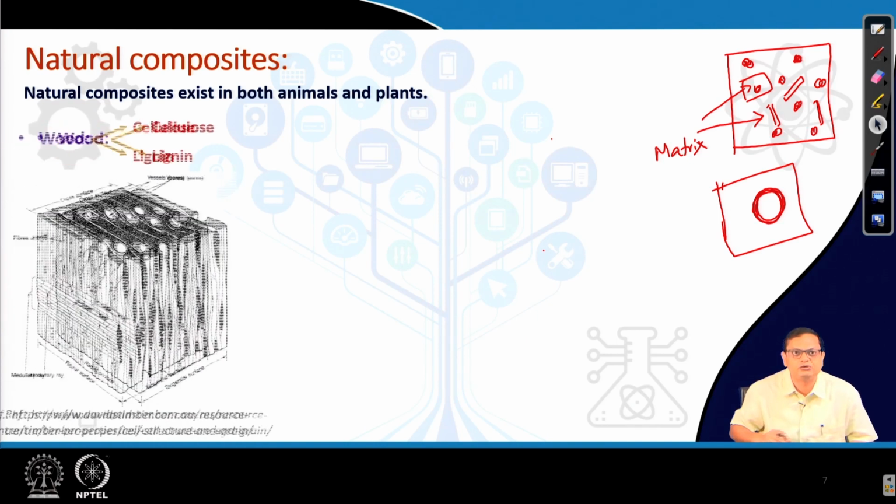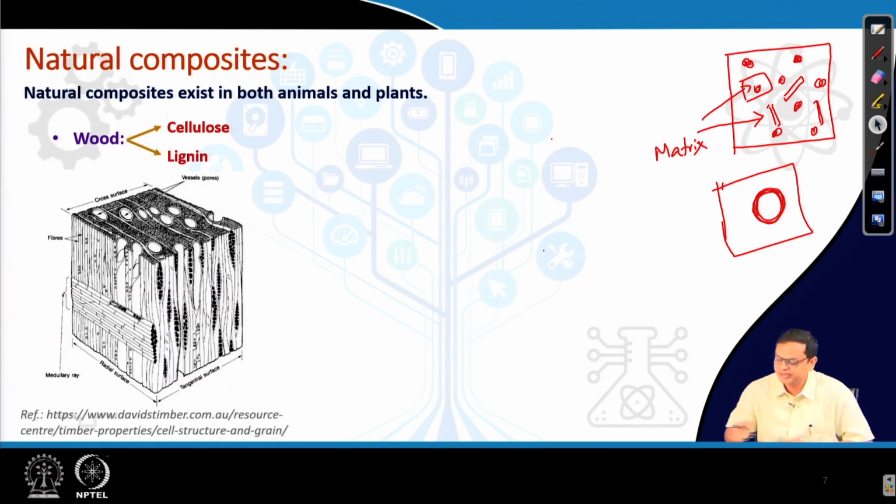If you look at the microstructure of wood, okay, it basically contains two different kinds of features. One is lignin. What is lignin? Lignin is a complex, naturally existing biopolymer, which forms the basic structure of wood.